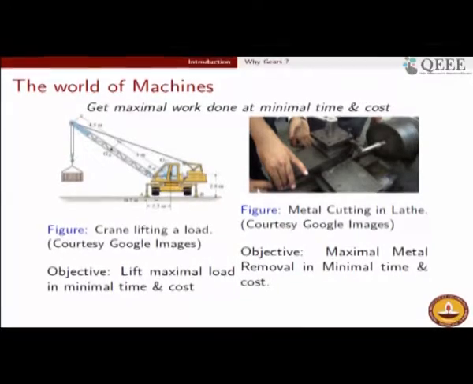So, definitely you want the machine to work, which means you want power. The power is fed by the engine. You also want to lift the highest possible load, which means you want high torque coming out from the engine. You also want the load to be lifted at the fastest possible speeds, which means that the output speed coming out of the engine should be as high as possible, and you want it all at a minimal cost.